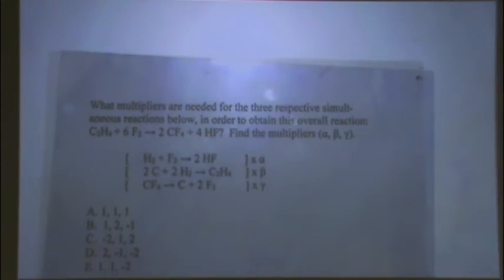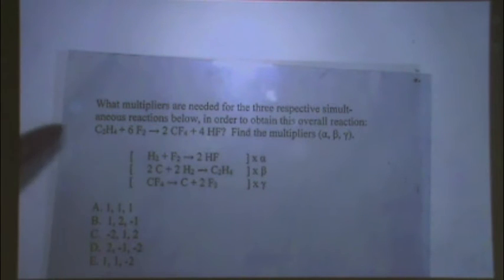Let's zoom in here. Here's the overall reaction, and here's a set of 3 simultaneous reactions. Couple things to remember. The intermediate appears in the simultaneous, but not in the overall. So what's an intermediate here? C2H4, is that an intermediate?